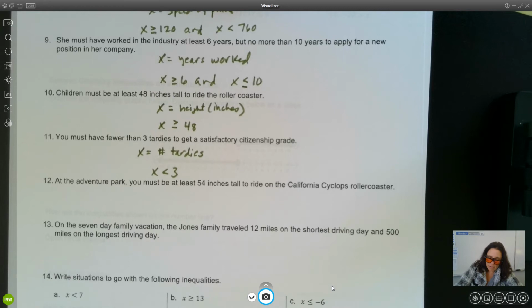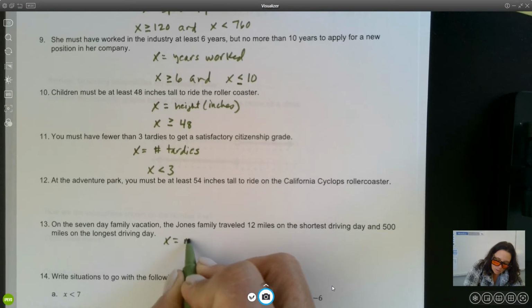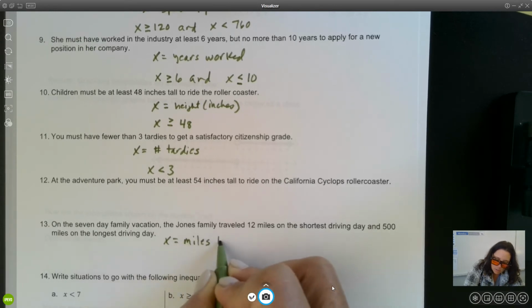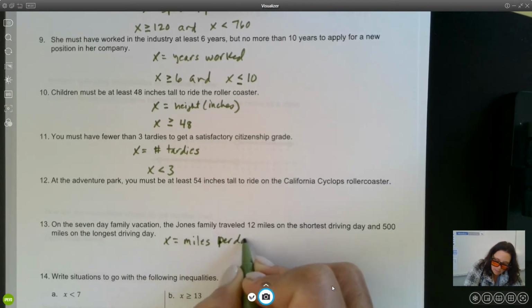Okay, on the 7-day family vacation, the Joneses family traveled 12 miles on the shortest driving day and 500 miles on the longest driving day. Okay, this one's a double whammy. X equals miles per day.